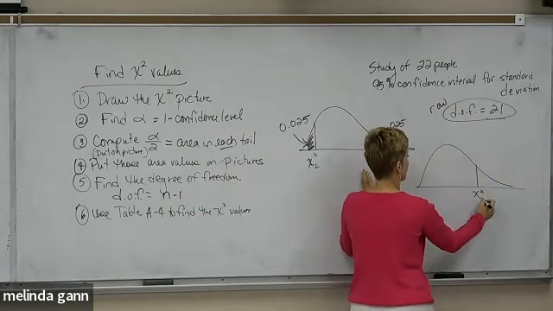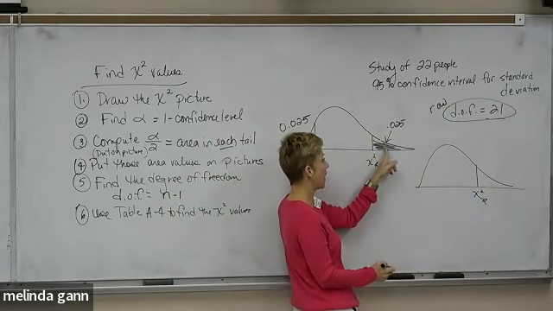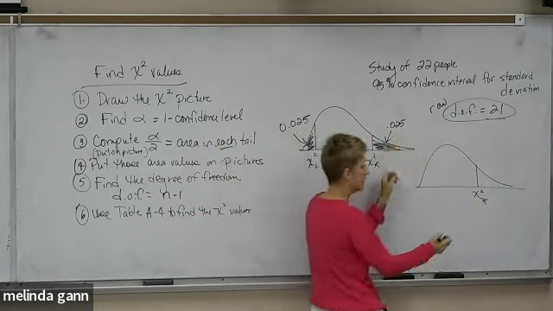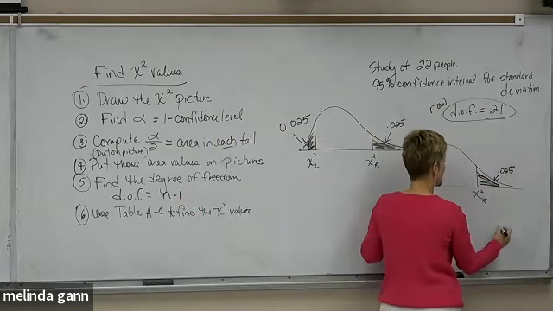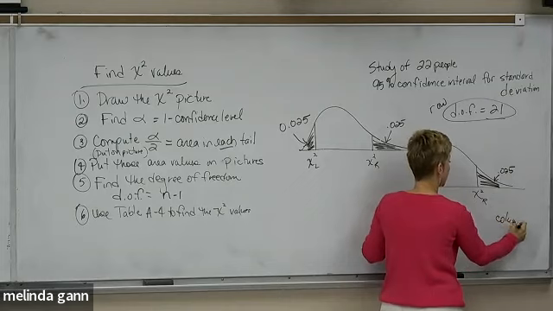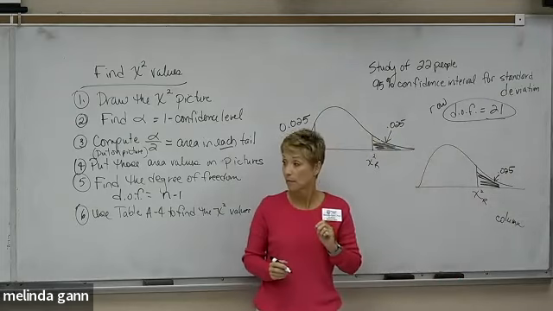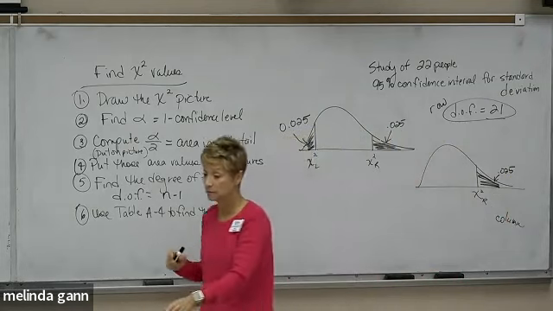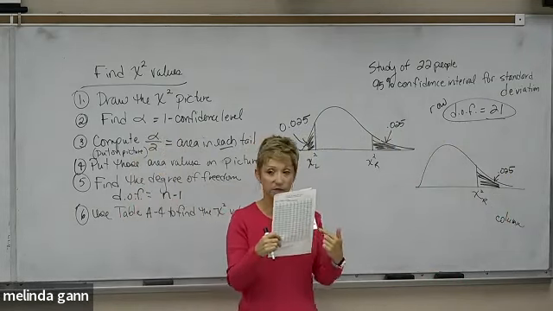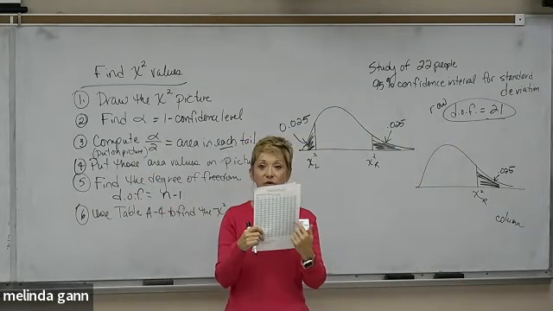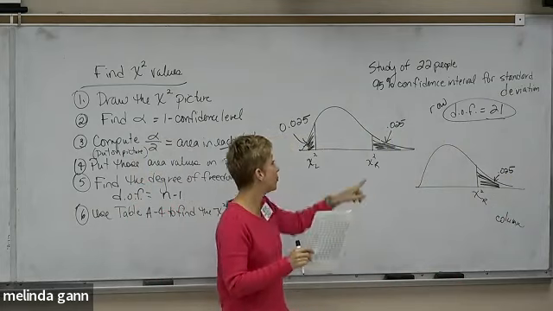Here's why the right one's usually quicker to find first. If I'm doing chi-squared R, what's the area to the right? 0.025. That tells me what column we're looking at. So look on your table. Where the row and the column cross, that's the value you need. So what row am I on?